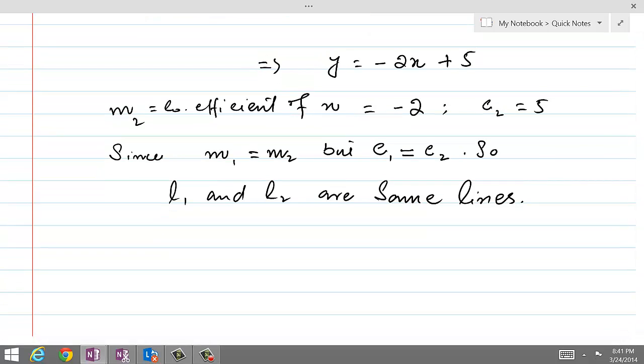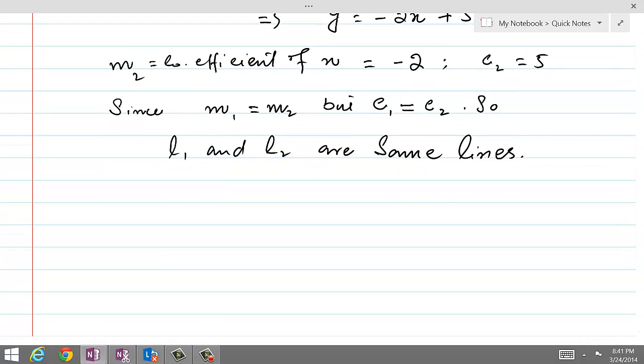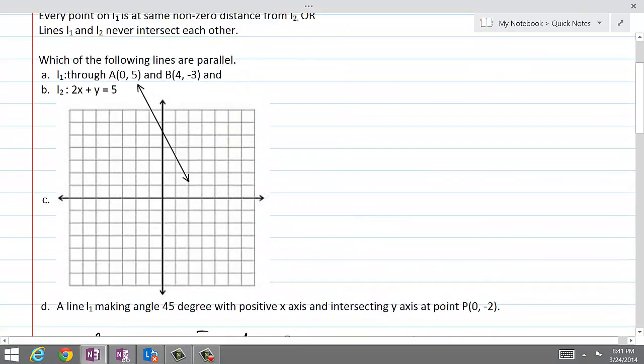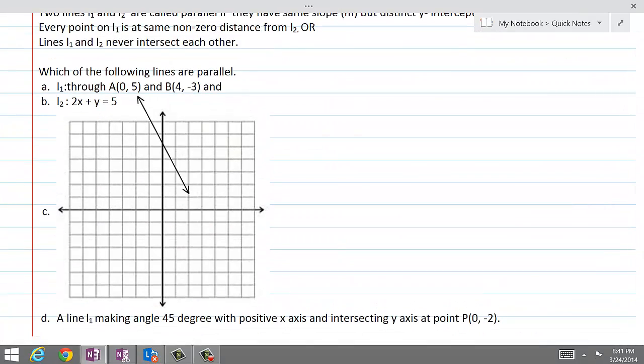Now let's go to line 3, and for line 3, what is the question given? We need to make an observation to find out what the slope is for this line produced in the graph.